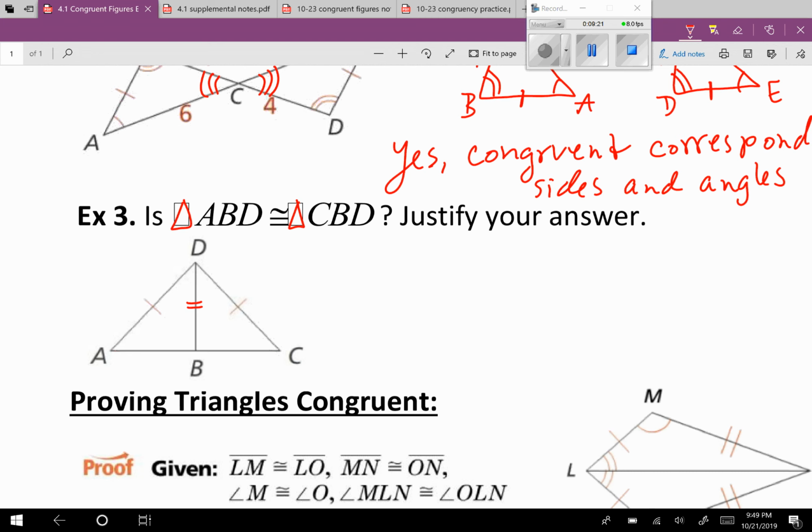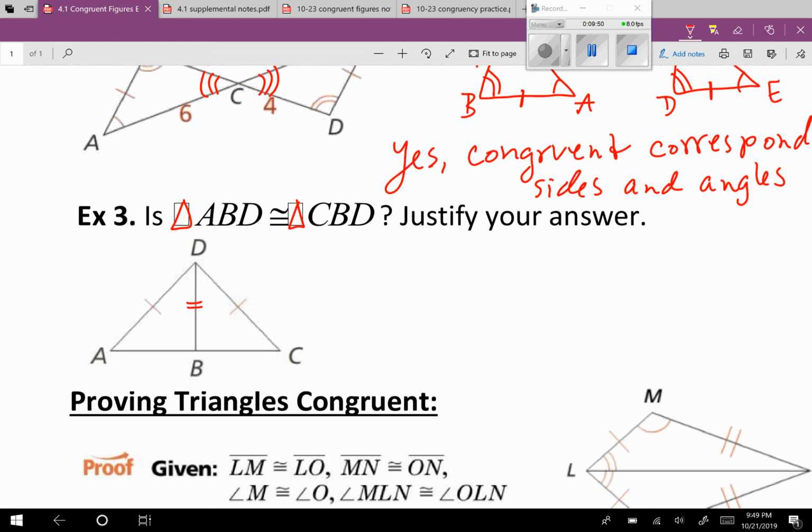Okay, now it says, are they congruent? Justify your answer. Well, all I know here is that I have 2 sides that are congruent. Do I know anything about my angles, if they're the same size or not? Do I know if DB is bisecting this angle D here? No, I have no idea. So the only thing I know about these triangles is that their 2 sides are congruent.